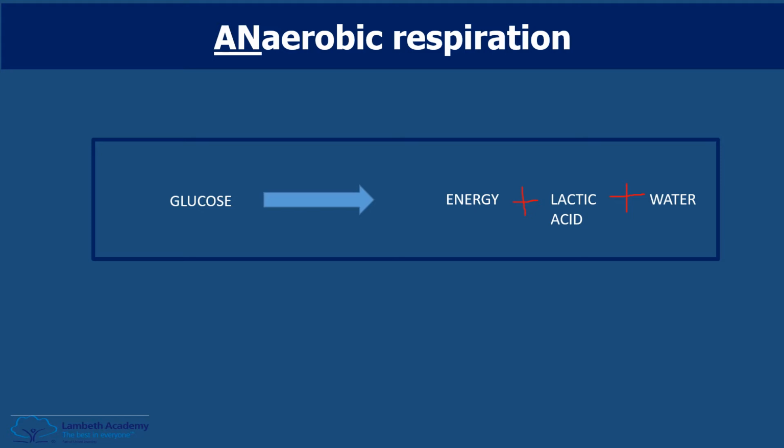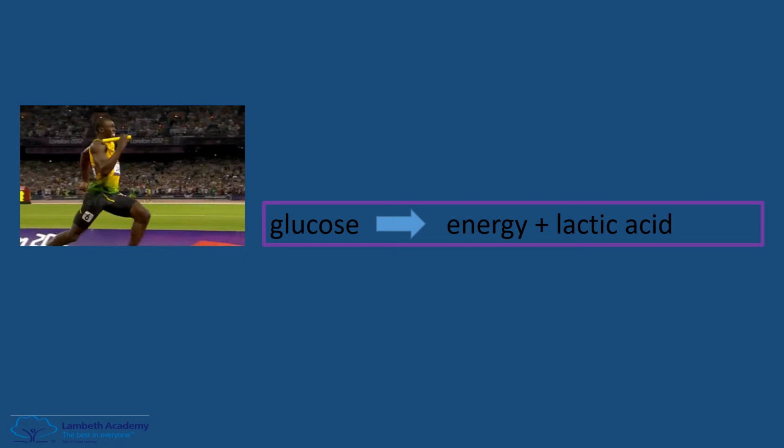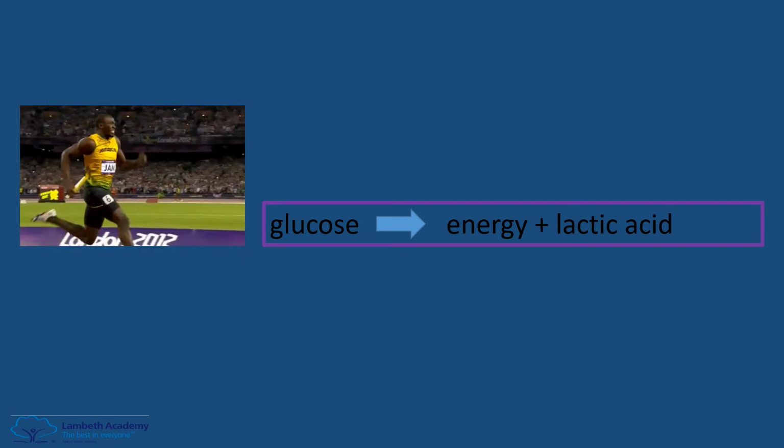Now we know what anaerobic respiration and aerobic respiration are, I want us to look a little bit more closely at the type of athletes that would use each type of respiration and when. As we've stated, both types of respiration will be used for different athletes and at different times. Looking specifically at anaerobic respiration, it's likely to be utilised by somebody doing quick explosive movements.